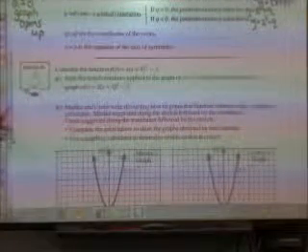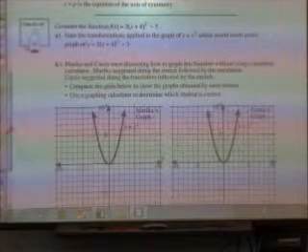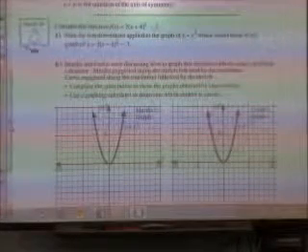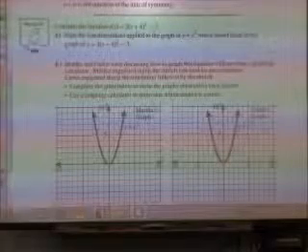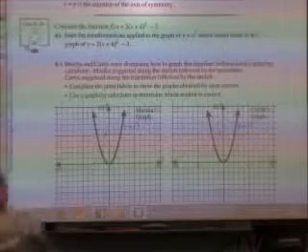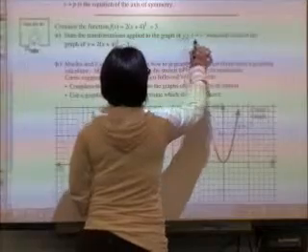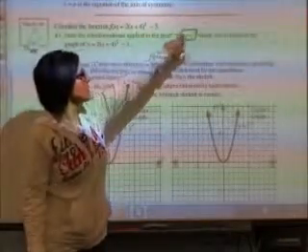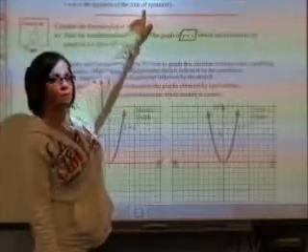So if I have the function f of x equals 2 times (x plus 4) squared minus 3, compared to this graph right here, what did we do to this graph to get to this point?